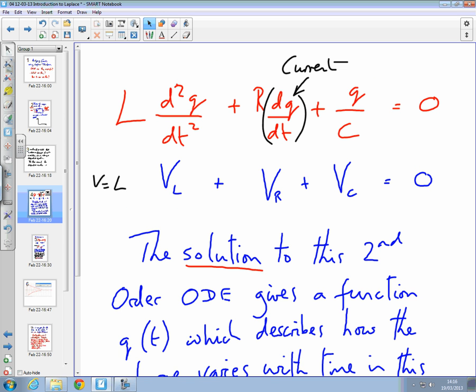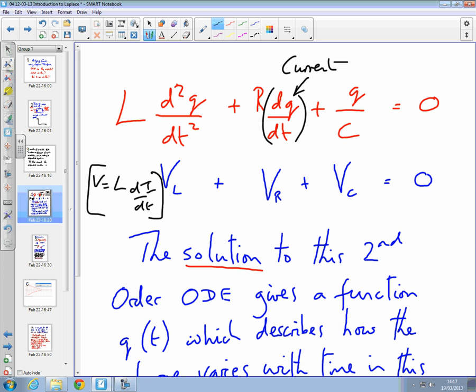So what's the formula for the voltage? Isn't it the inductance times the rate of change of current? Isn't that something that you've seen before? Yes? The rate of change of current times the inductance gives me the voltage. But the current is dq by dt. So it's the second differential. This is the second differential.